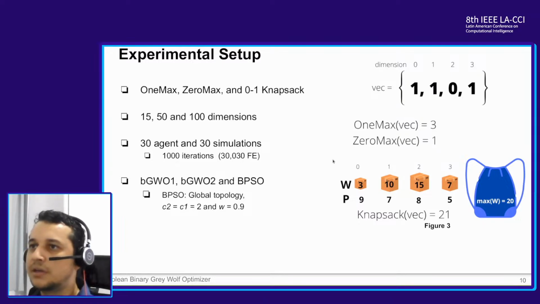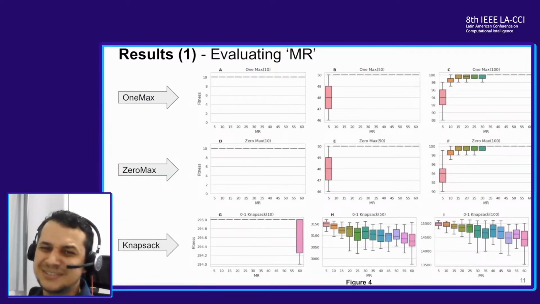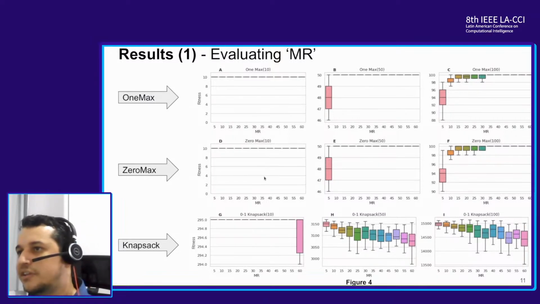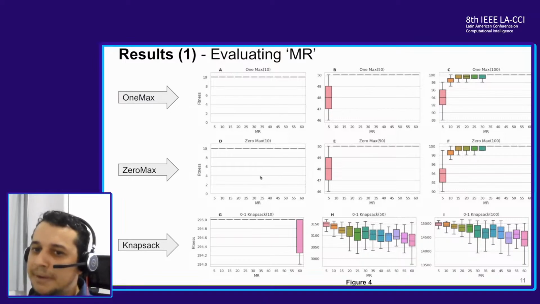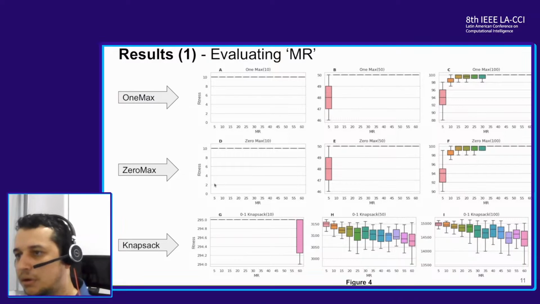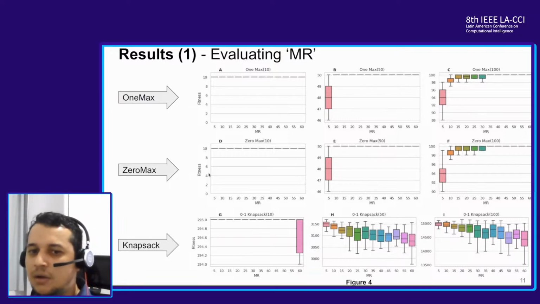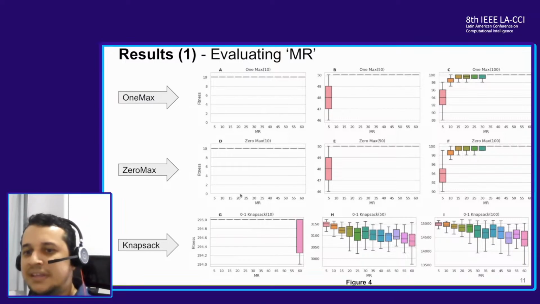Now let's see the results. Okay, figure 4 shows the fitness values reached by our proposal when changing the modification rate hyperparameter for 1max, 0max, and the 0-1 knapsack problem. When we consider only 10 dimensions for the problem in A, D, and G, we see that the swarm converges similarly.